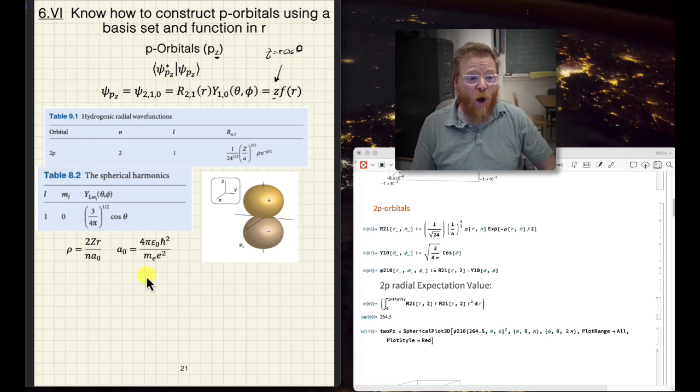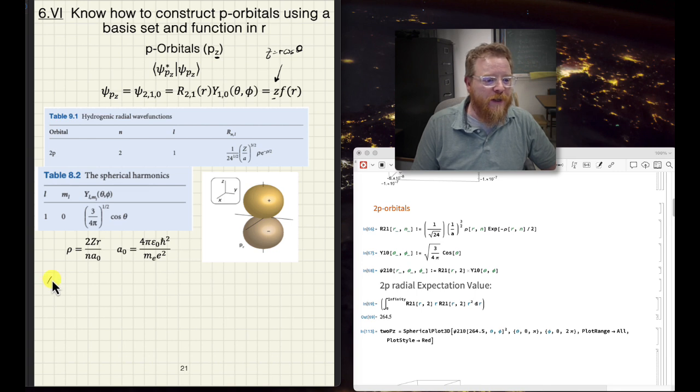Okay, so putting all of this together, let's do it. So we can say psi pz, or I could have written that as psi 210, equals the following. I'm going to have all of those constants.